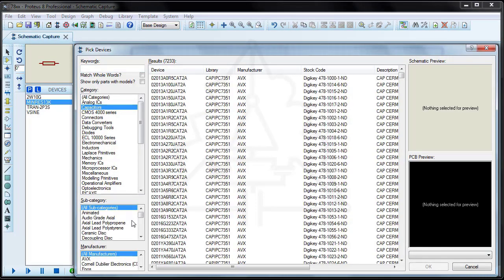Select the filter capacitor, 1000 microfarads and 25 volts.